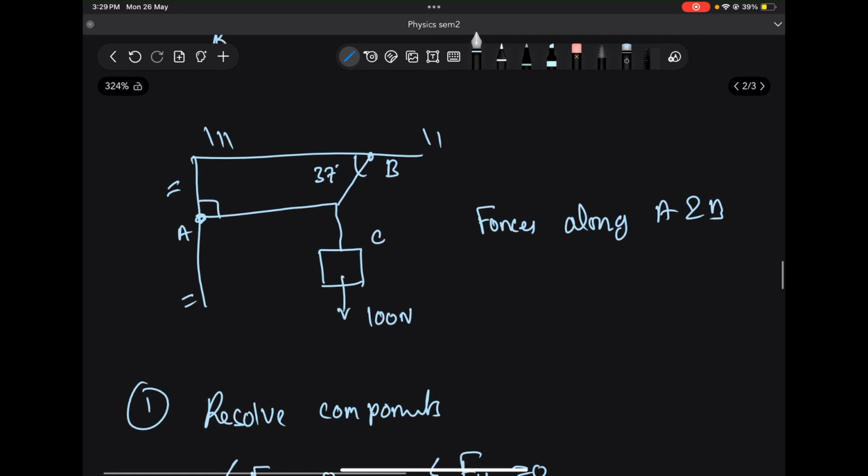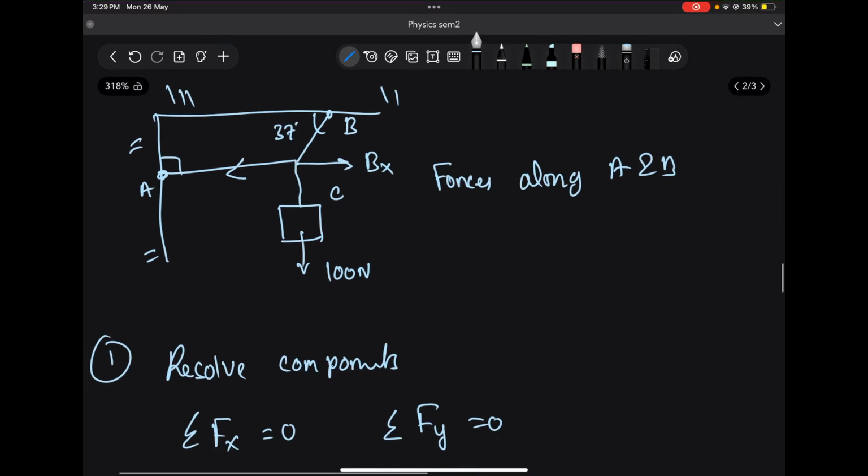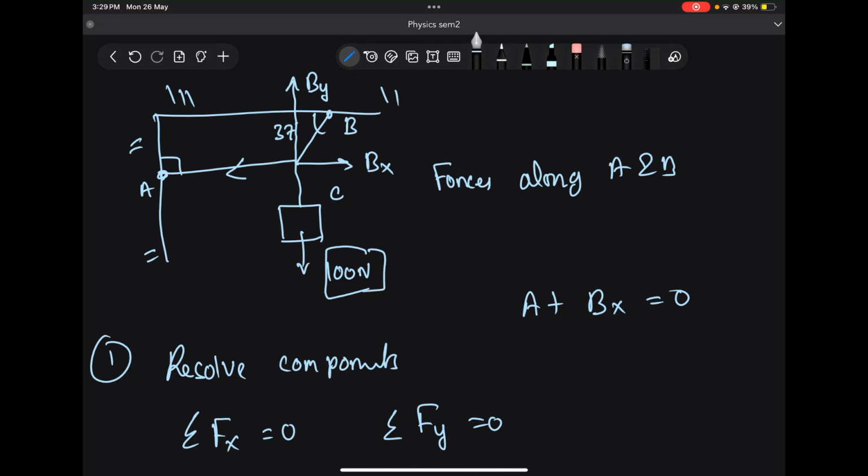So from here you can see that this force A is along Fx, this force B will have a component Bx, so we can write A plus Bx is equal to 0 if we take appropriate directions, and this force B has a component By, and this force is entirely along the y-axis, so we can write By plus 100 Newtons is equal to 0.